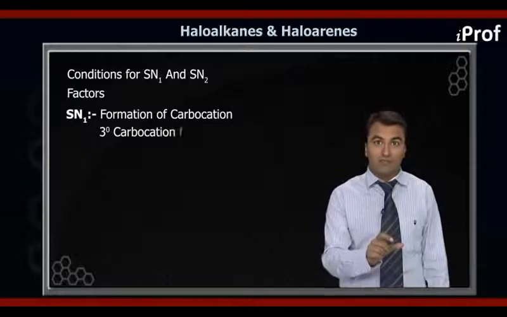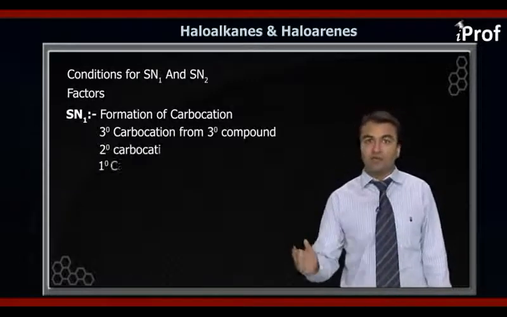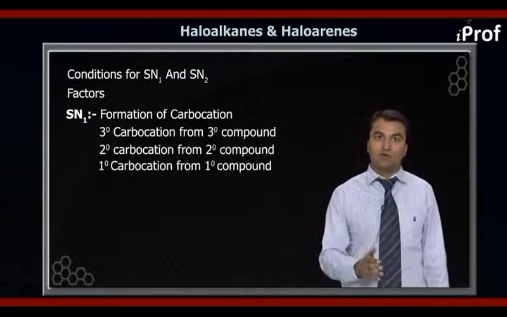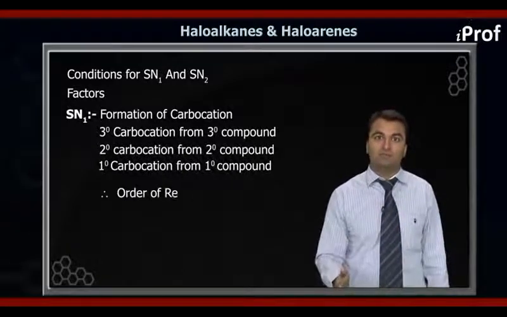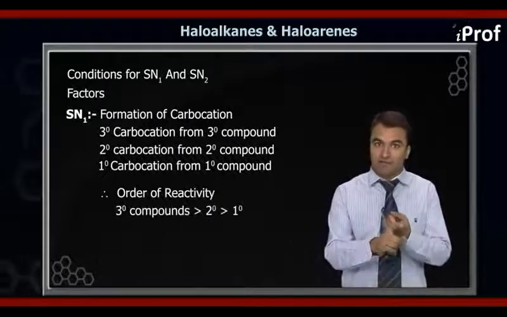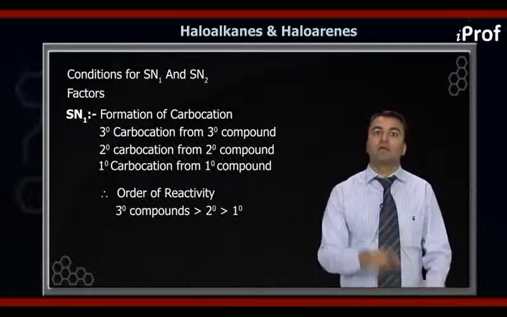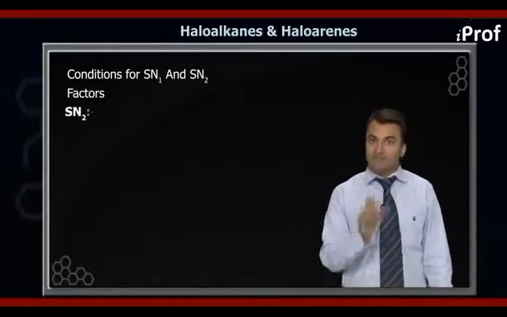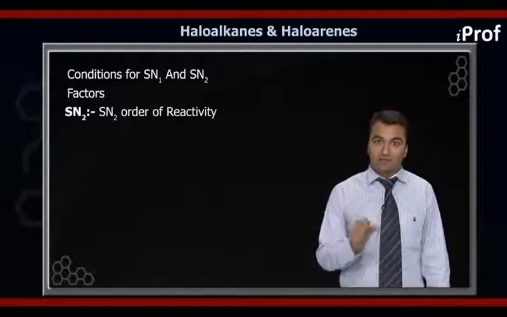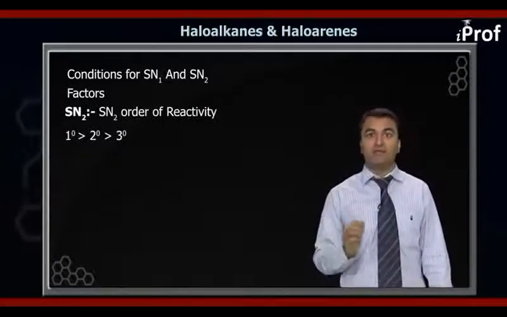A 3 degree carbocation will be formed from a 3 degree compound, then 2 degree and then 1 degree. Therefore, in the SN1 mechanism, the 3 degree compound will react fastest, then 2 degree and then 1 degree. Whereas in the SN2 mechanism, it will be fastest in the 1 degree, then 2 degree and then 3 degree.